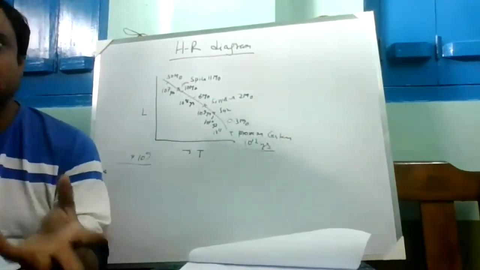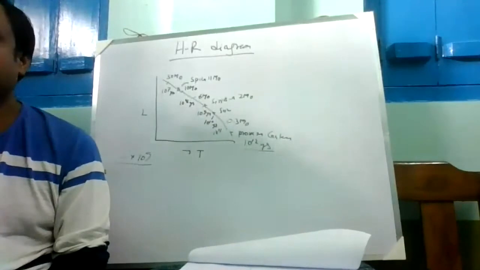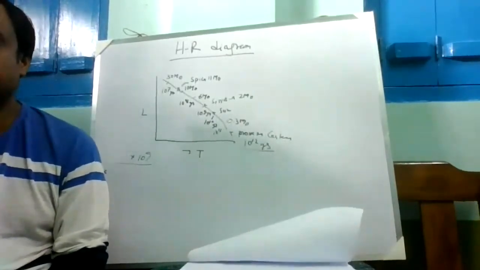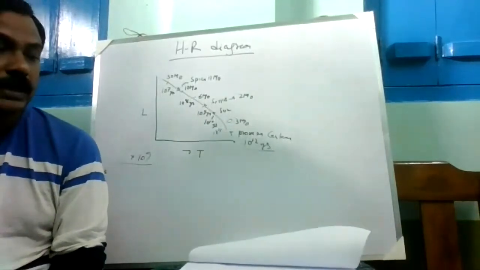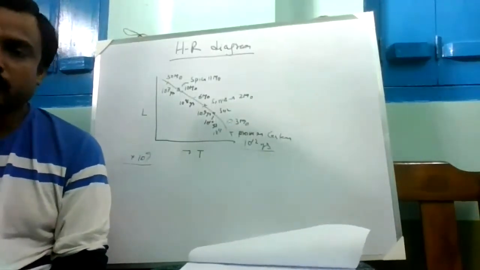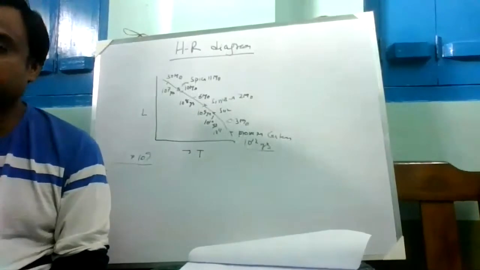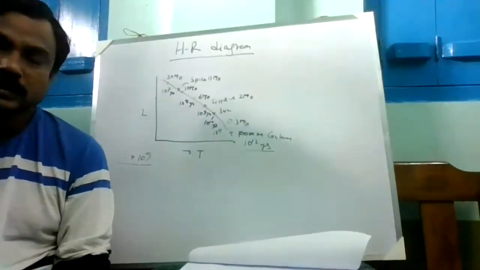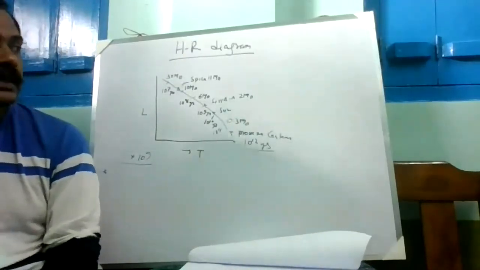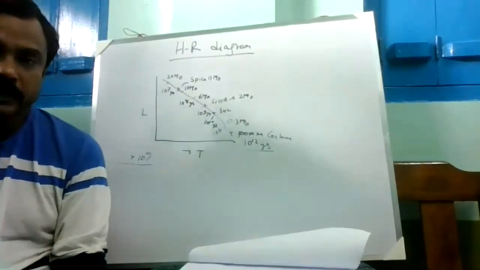Whereas for less massive stars, the rate of nuclear fusion reaction is very slow. That's why they spend much more time in the main sequence phase than the high mass stars.